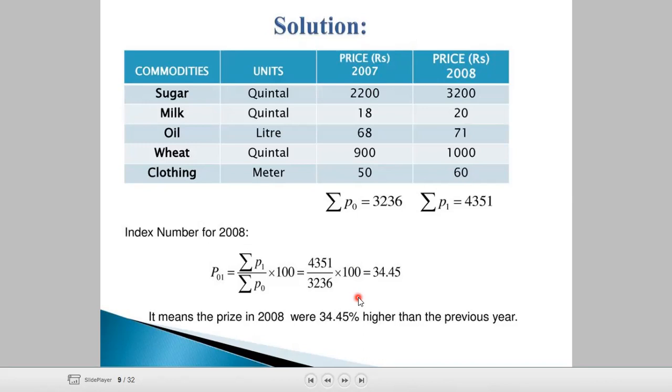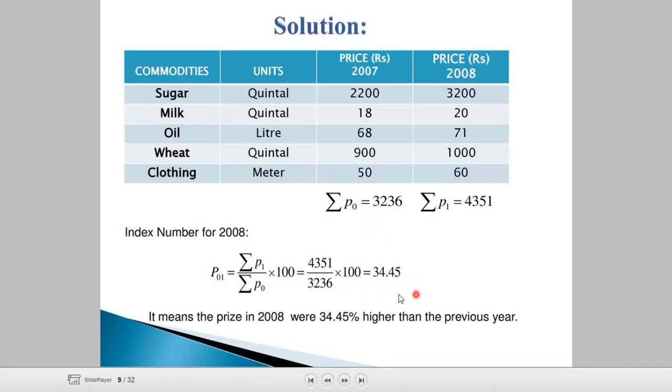Let me give one example. Suppose, just for imagination, the price index number for 2007 was 120, isn't it? Now in the present year it is, suppose, 134.45.